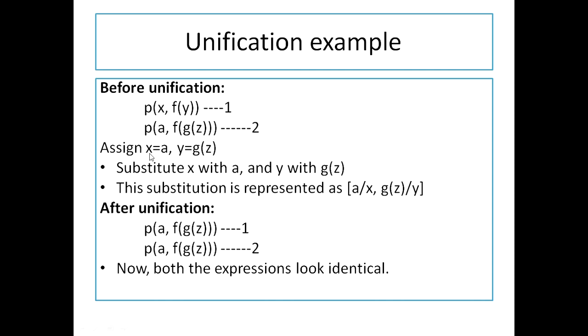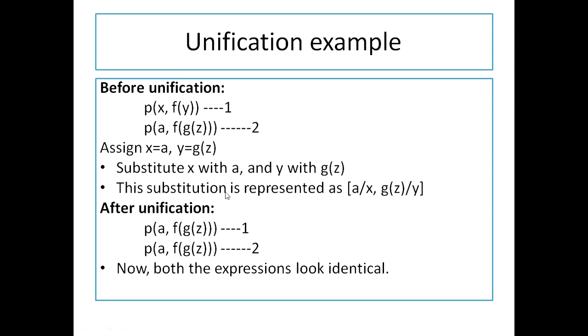Now we have to apply substitution in equation 1. To do that, we assign the value a to the variable x, and we assign g of z to the variable y.